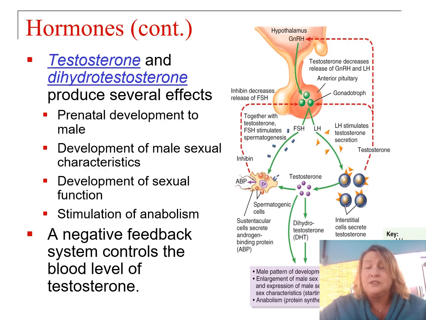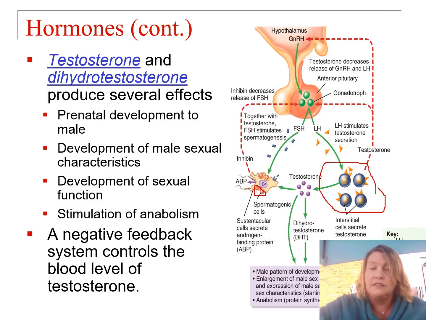So we have the spermatogenic cells, let's just call them the sperm cells, that are in the sustentacular cells. The sustentacular cells will secrete something called androgen binding protein, which is great because it binds the androgen, it binds the testosterone that's created by the interstitial cells or Leydig cells that are located right here. Okay, and then this is just showing you the testosterone.